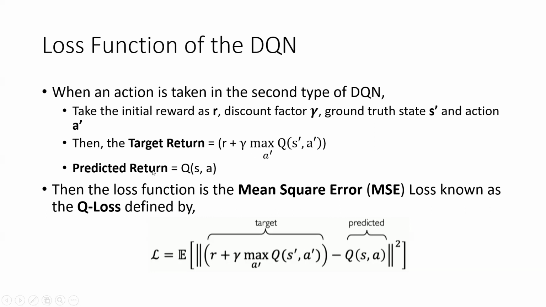This is the real or the target return value that you have received, and the predicted return is given by this Q function Q(S,A), right? So you can subtract the predicted value from the target value and take the square and take the expected value, and this is the loss function of the deep Q neural network.